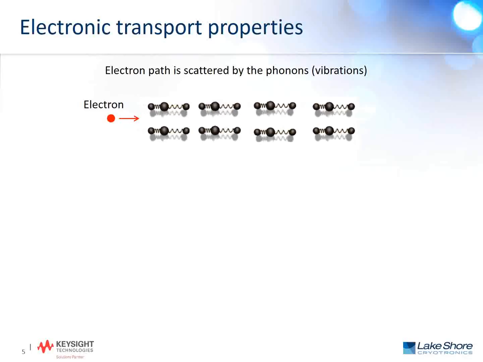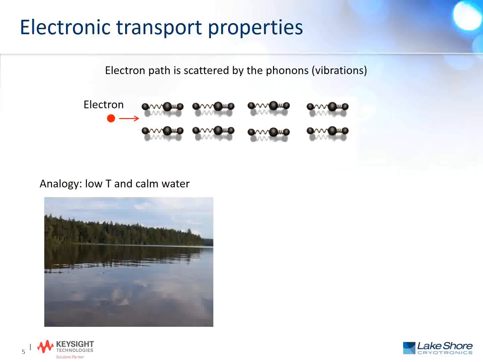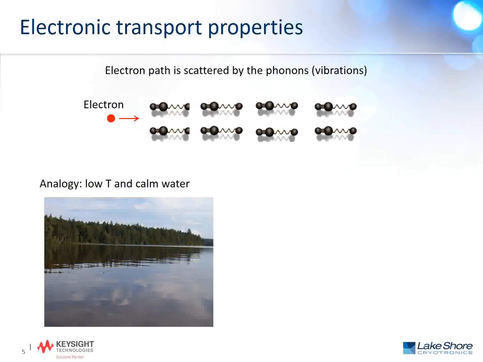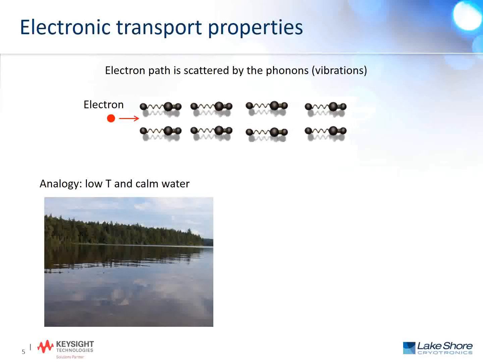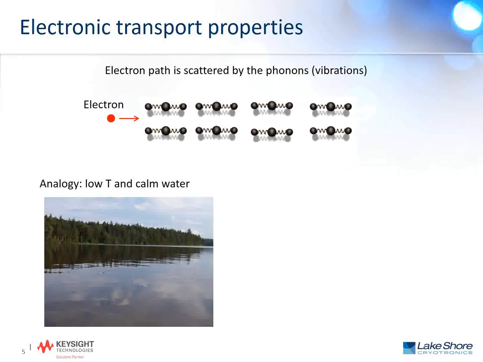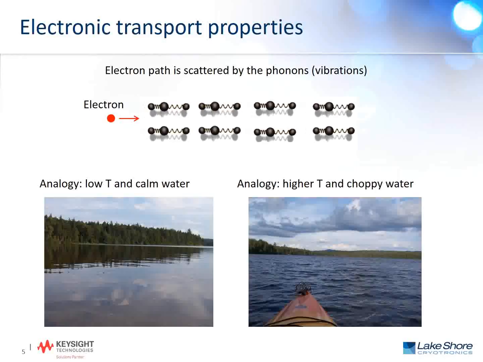The picture that I like to have is that at low temperatures, the carrier sees much more smooth and calm waters, say, if it was paddling across a lake. At higher temperatures, those waters get a little more choppy due to the vibrations in the material, and so transport gets a little harder. Thus, we have lower mobility at higher temperatures.